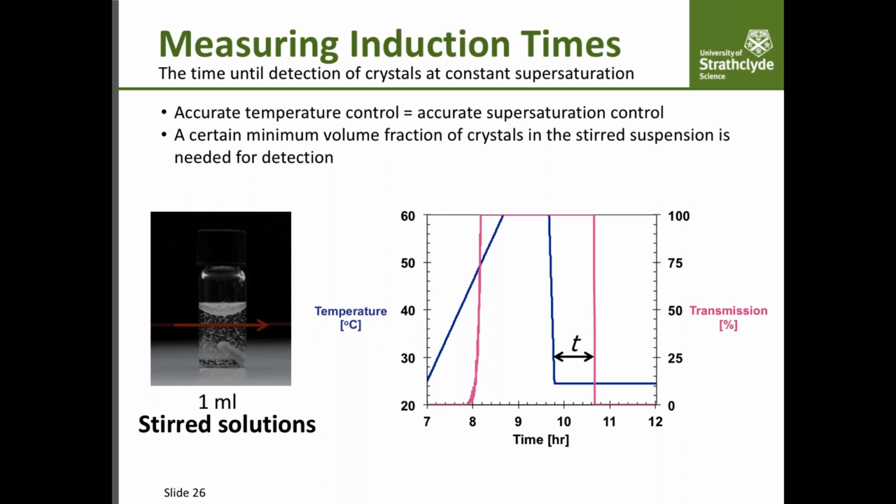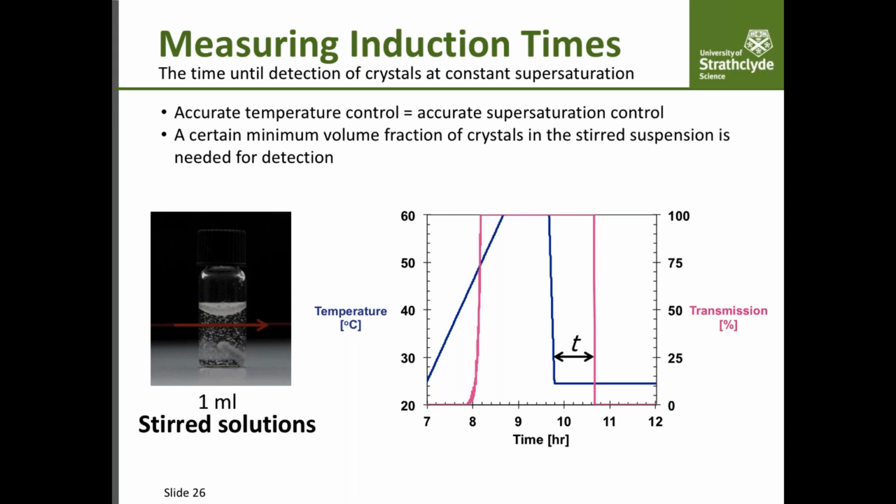And this time is indicated by the decrease of the transmission of light. And this happens close to 11 hours within the measurement. So we have roughly an induction time of 1 hour.